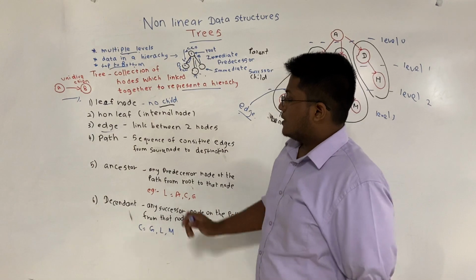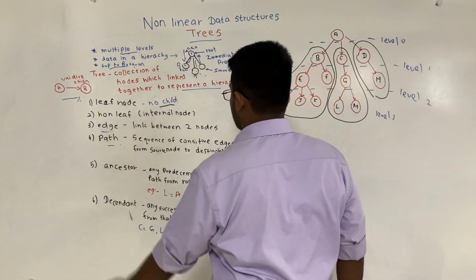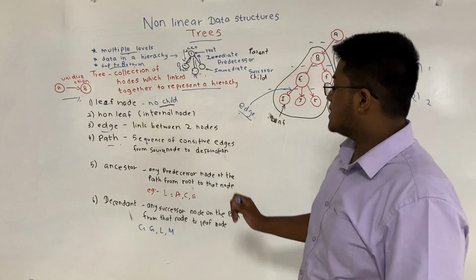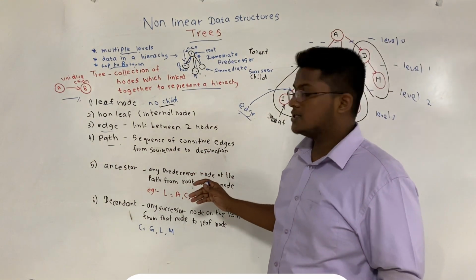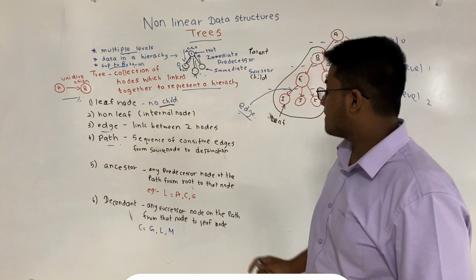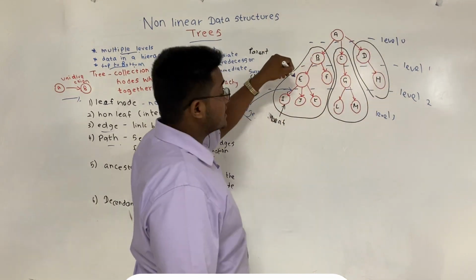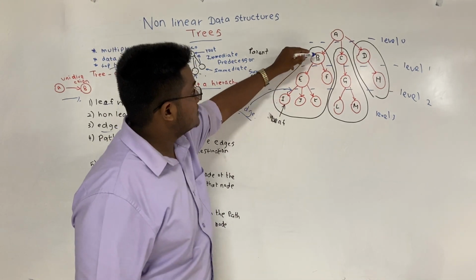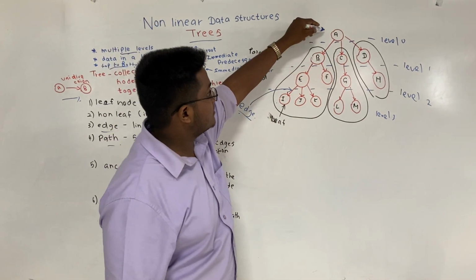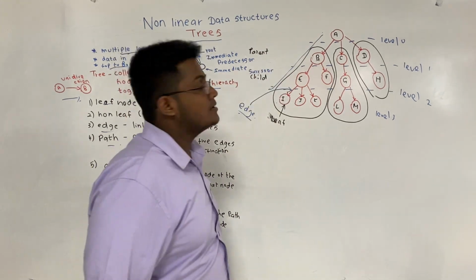And what is meant by a path? A path means the sequence of consecutive edges from a source node to a destination. This is the path, suppose A and I. This is the path.